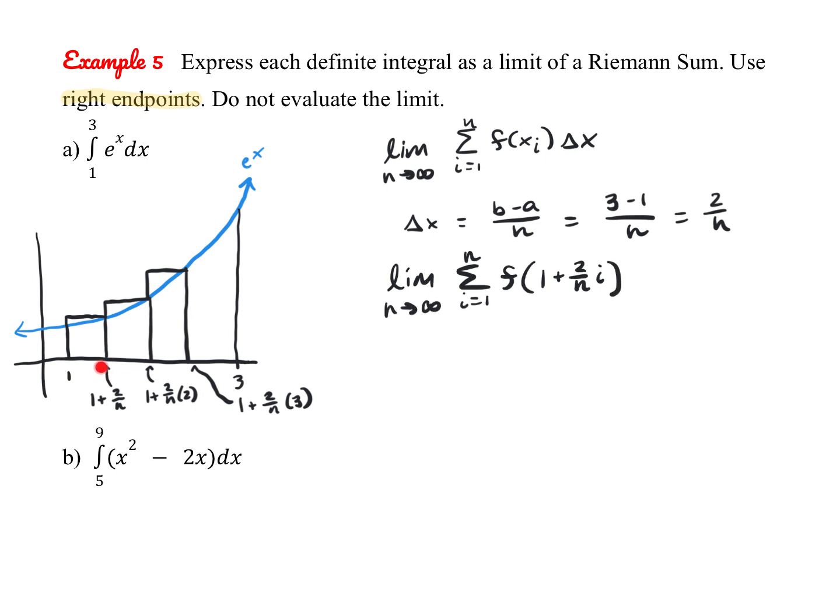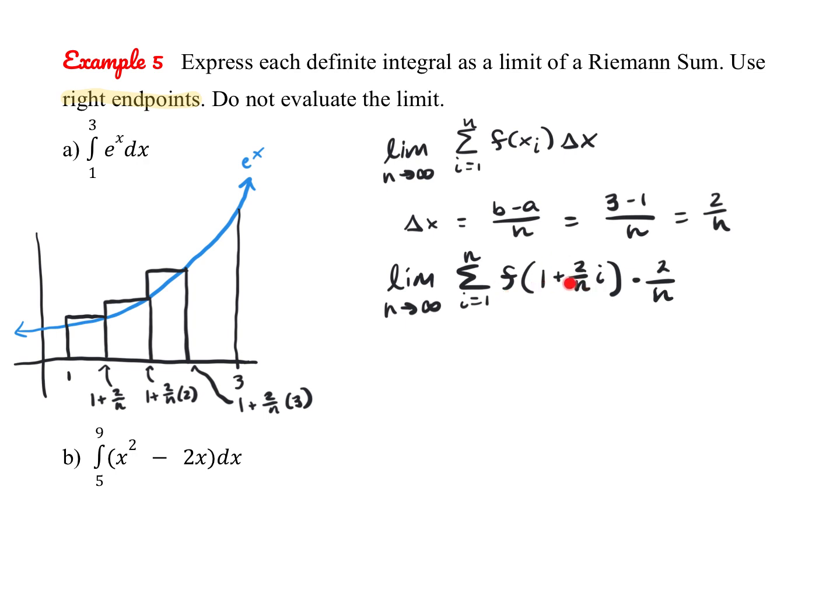That gives us the height at each of these values. When i is 1, we add this once. When i is 2, for our next rectangle, we add it twice. When i is 3, we add this width 3 times, and that gives us our right endpoint height. And then we need to add in our delta x, which we already know is 2 over n. So times 2 over n.